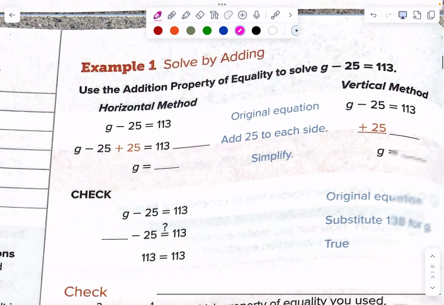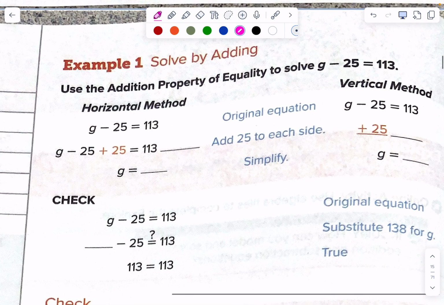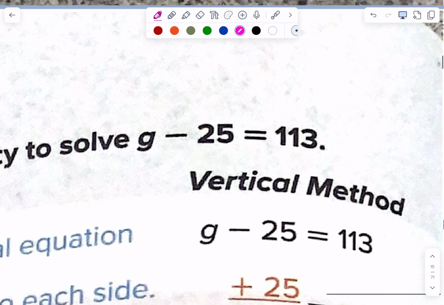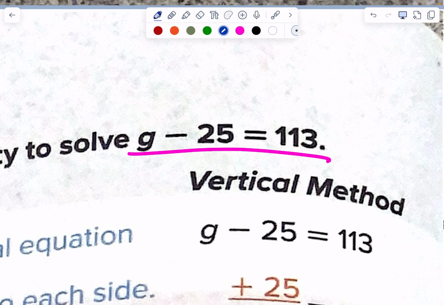Okay. So they want us to solve by adding. Use the addition property to solve. So we have this guy, and G is subtracting 25. So I have to do the opposite of that, which is add 25. So I'm going to add the 25 here. It is super helpful to write it right below if you can, because then I cancel. If I write negative 25 and positive 25, they cancel each other, right?